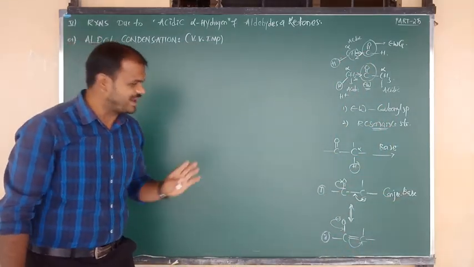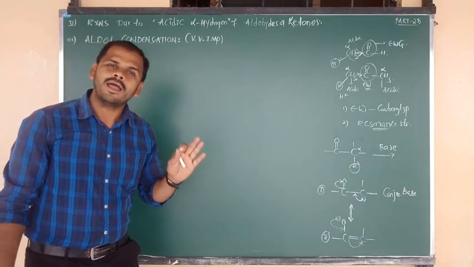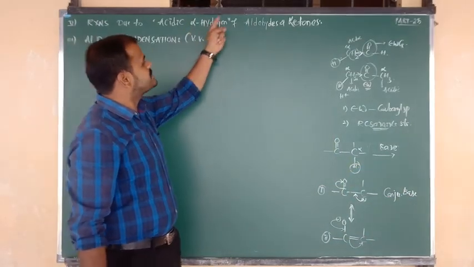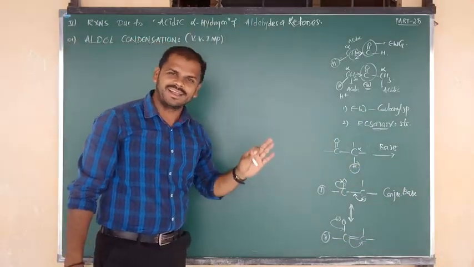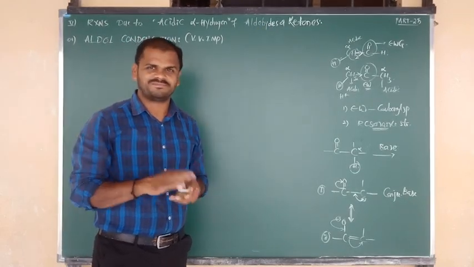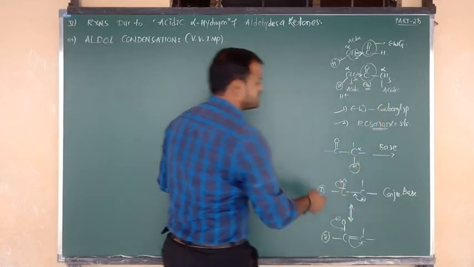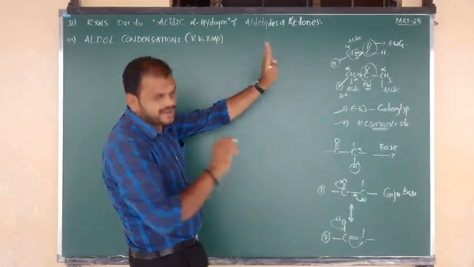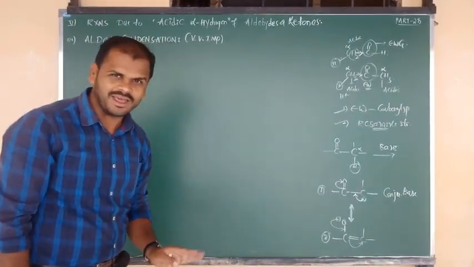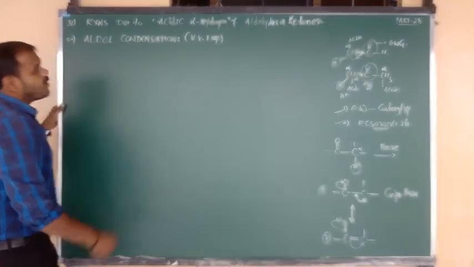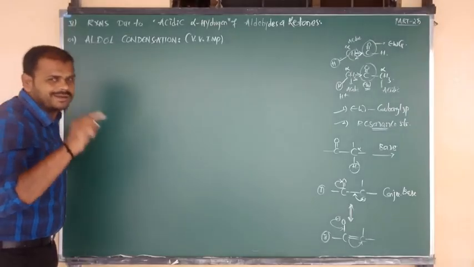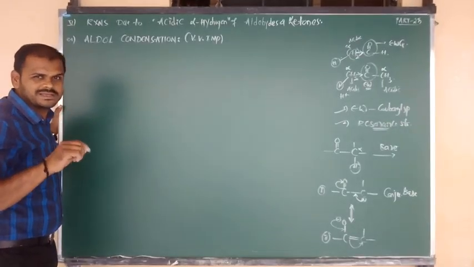Due to these two reasons, we have to say that 100% the alpha hydrogen of aldehydes and ketones has an acidic nature. Reason clear, Nana? You only have to focus on two examples. For the two reasons, I have given two different diagrams. Now clear? Good.